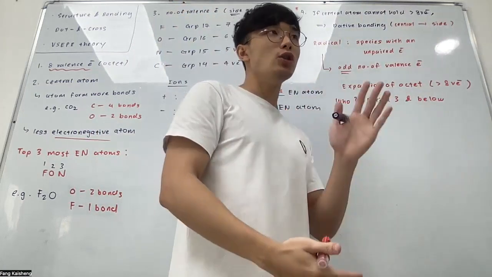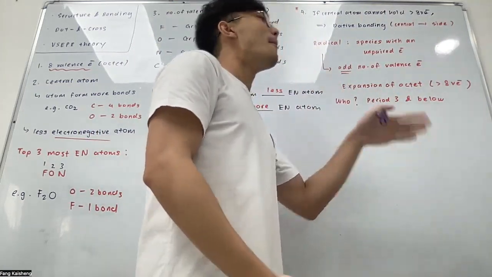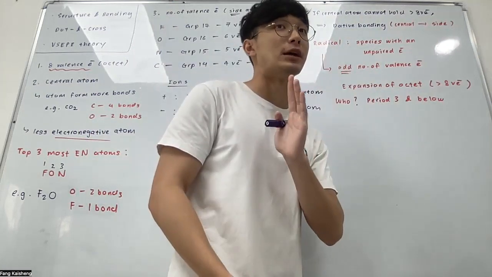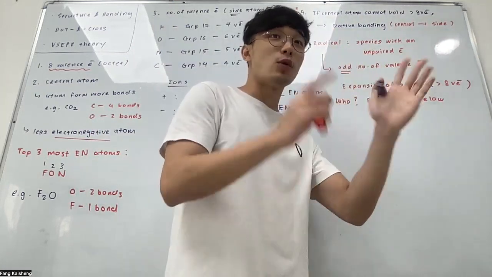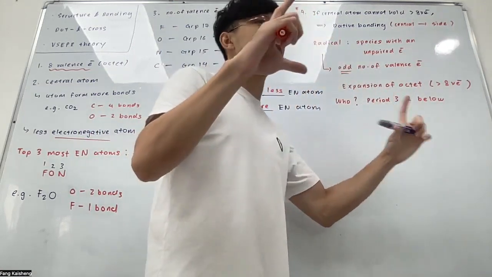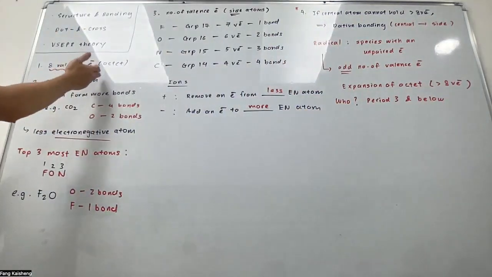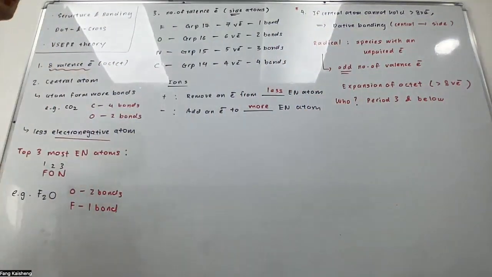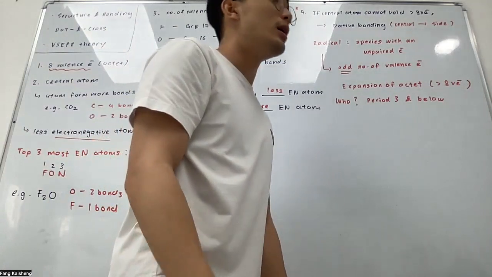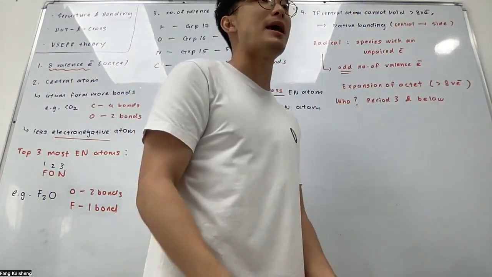In other words, you all notice only period 1 and 2 must hold 8 valence electrons. It's quite mind-blowing when I found this out as well. The majority of the elements can actually hold more than 8. So this 8 valence electron octet rule isn't as good as it looks already. Only a minority, only period 1 and 2, cannot expand their octet.